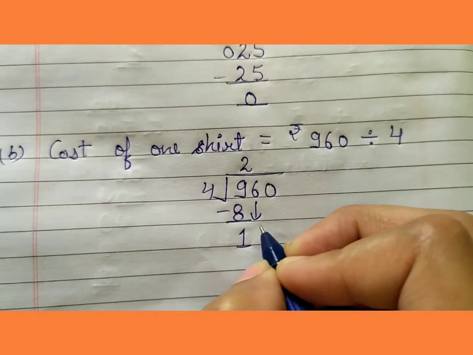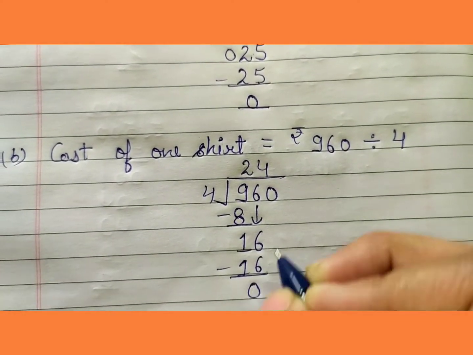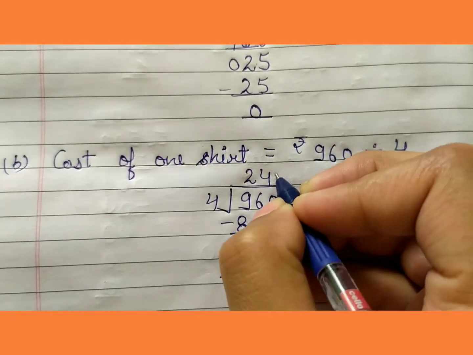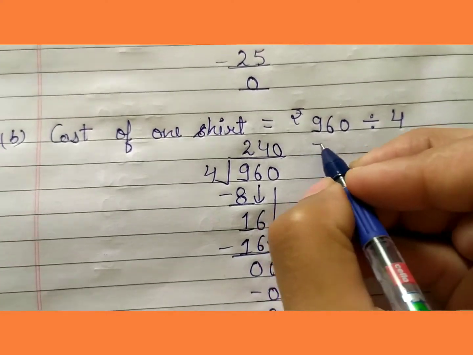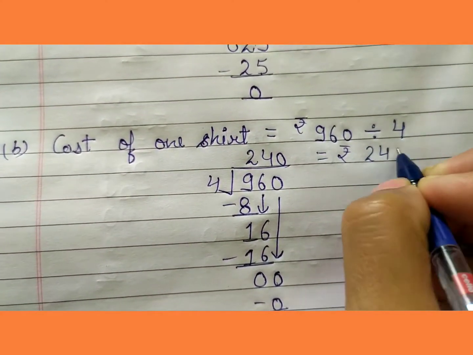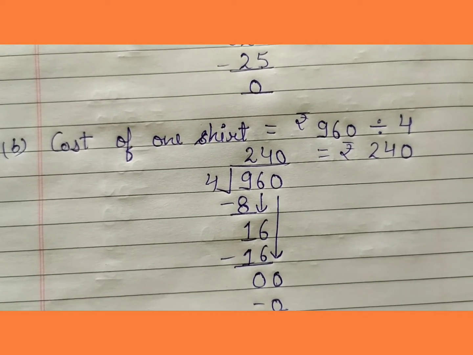Write 6. 4 4s are 16. 16 minus 16 equal to 0. Write 0. 4 zeros are 0. 0 minus 0 equal to 0. Your answer is rupees 240. The cost of one shirt is rupees 240.